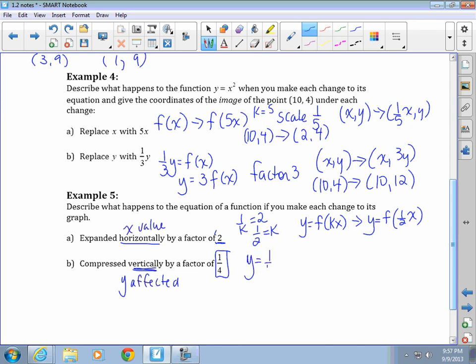So that would have put that right in front of there, is 1/4 f of x. And if you want to write it in the proper form, then that means we have to move this 4 over. So to get rid of a 1 over 4, it's like dividing by 4. So we multiply both sides by 4 to get 4y is equal to f of x. So your a was equal to 4.